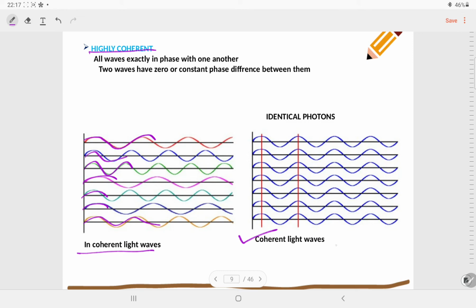So in this case constructive interference takes place, and due to that we get very high amplitude after the addition of all individual waves, and therefore very high intensity. So intensity is a byproduct of the coherent property. These are identical photons that you can see here in the image, and this is one of the most important characteristics of laser light.